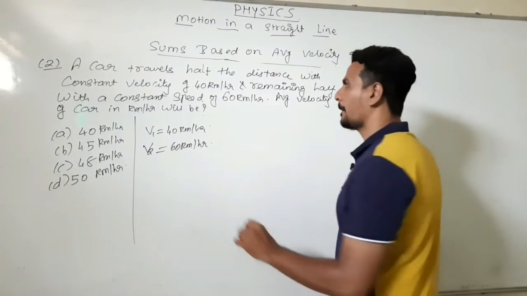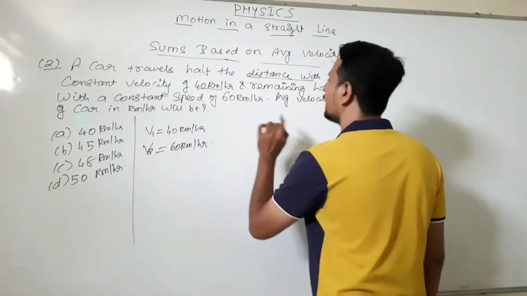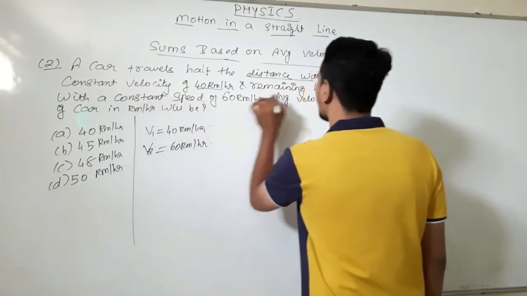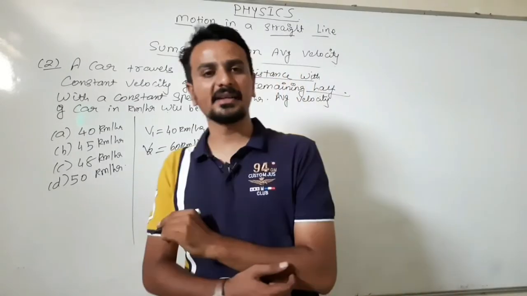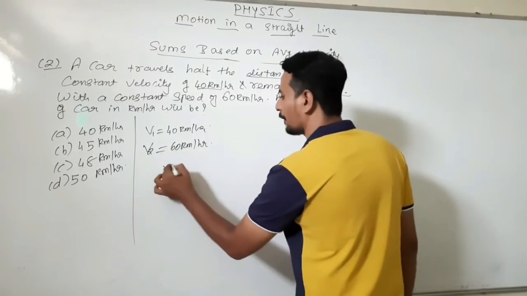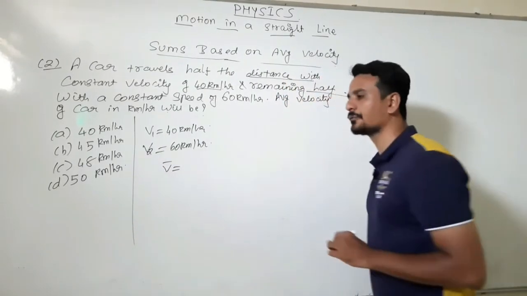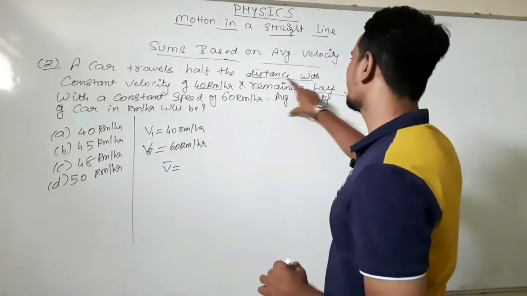See, once again, it is covering half the distance with speed 40 and the remaining half. That means the distance covered by the car is the same. So, in the previous video, we derived the formula for two equal distances, right? So we can use the same formula in this sum also.